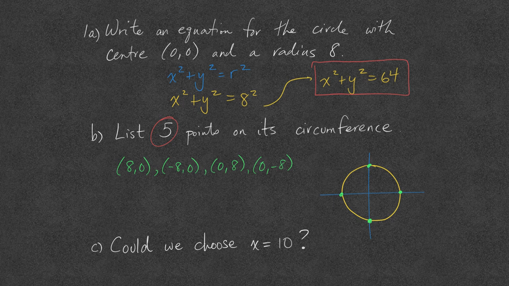So let's use the equation then to find another point. What I can do is pick an x value where I know that circle would exist. I could pick any x value as long as I'm not picking 0, or plus or minus 8, because I've already used those on the 4 points I have.